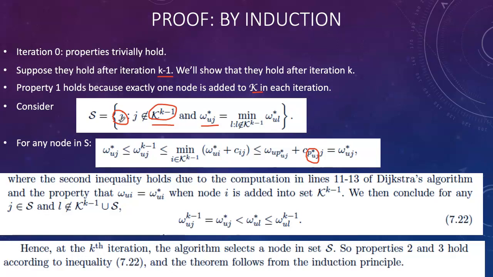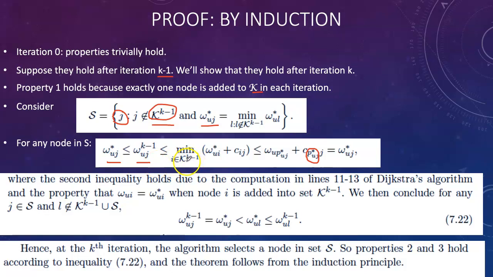Okay, now that we established that, let's look at the following set of inequalities. W_j star is less than or equal to W_j at k minus 1. Why? Because at the k minus 1 iteration, we may have updated, reset the weight W_j, and when we reset something, it can only decrease.